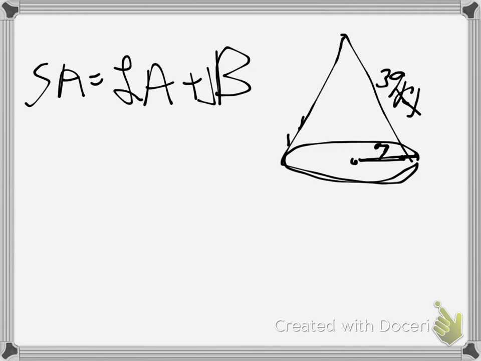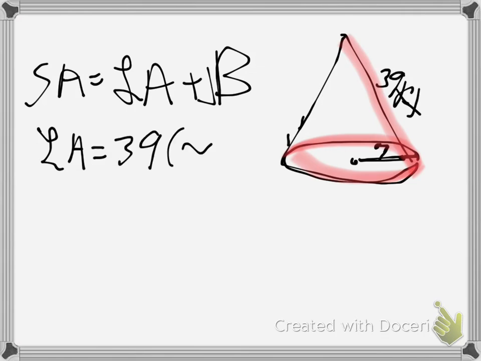Alright, you should have found your lateral area is going to be your circumference times your slant height. So lateral area equals 39 times pi r, so pi times 7.